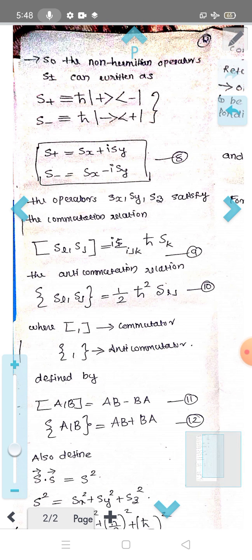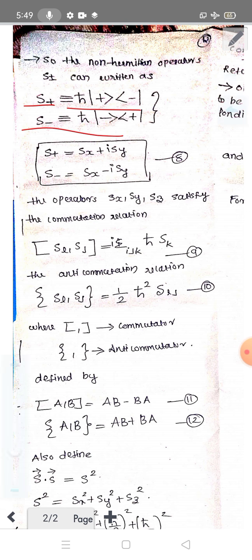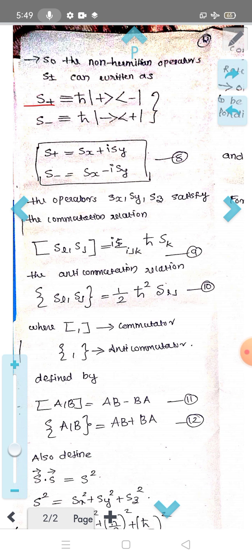In the previous class we defined non-Hermitian operators S plus and S minus, and they are defined by S plus equal to h cut ket plus bra minus, and S minus equal to h cut ket minus bra plus.